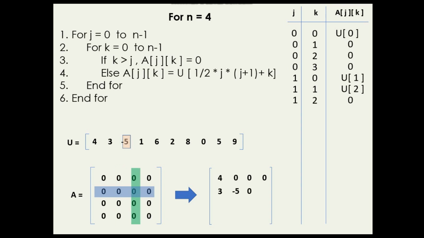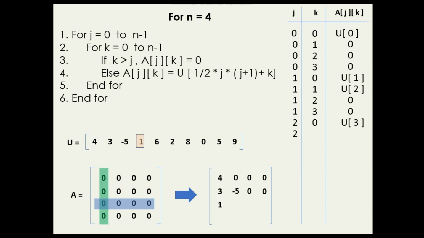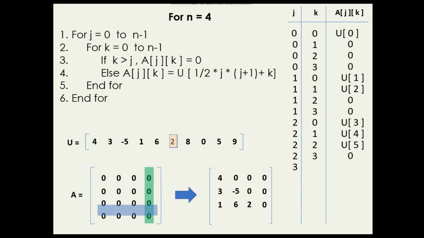Rest of the elements in this row will be 0. Similarly, 3 elements will be picked for j is equal to 2. In case of j is equal to 3, k won't be greater than j for any value, so 4 elements will be picked for j is equal to 3.